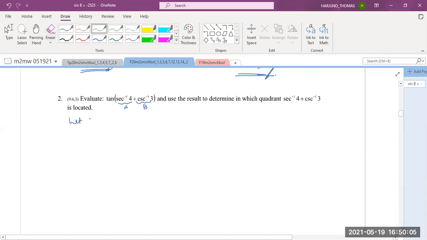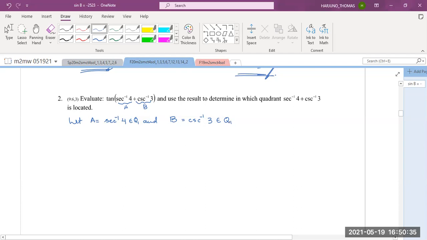Let's start. Let A be secant inverse of 4 and B be cosecant inverse of 3. Notice that both of them are in quadrant 1. We don't have a convention for secant and cosecant when we have an inverse of a negative number.